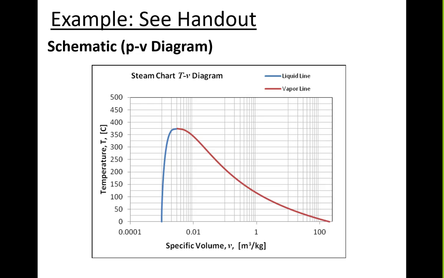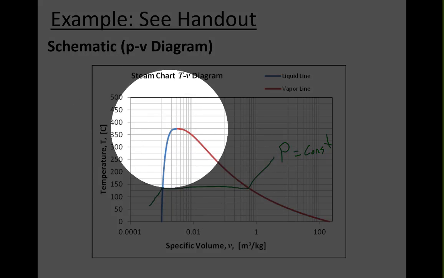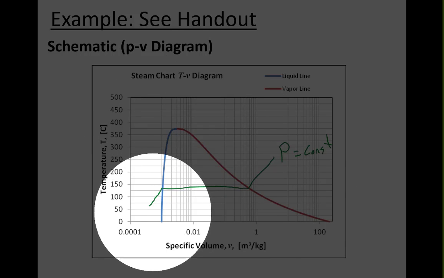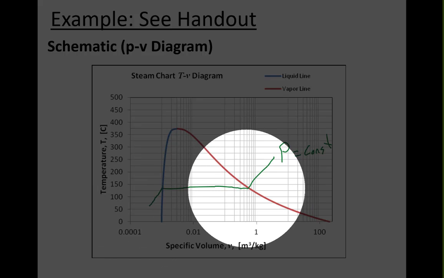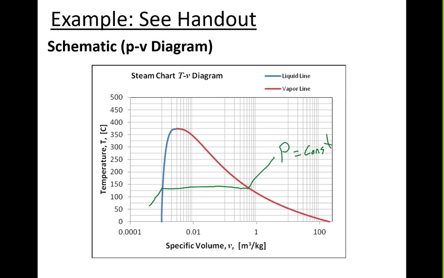The big difference you want to be concerned about here is that on a TV diagram, we might be interested in what a constant pressure line looks like. In that case, instead of the constant temperature line moving down from left to right, the constant pressure line moves up. It's still flat under the vapor dome, and then it again moves up as we pass the vapor dome.